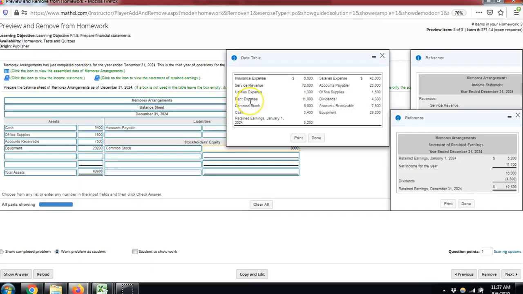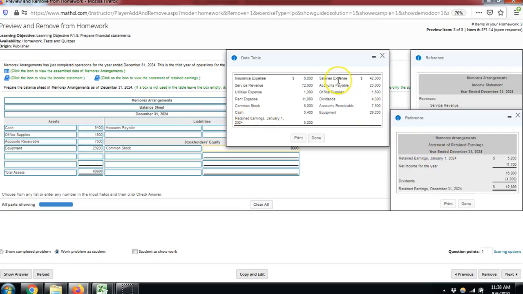Utilities expense, income statement. Rent expense, income statement. Common stock, we just put on our balance sheet. Cash, we put on the balance sheet. This starting balance, look at the date. The date is very important. January 1st. This is as of December 31st. So this beginning balance is actually included in our statement of retained earnings. So that is in this statement.